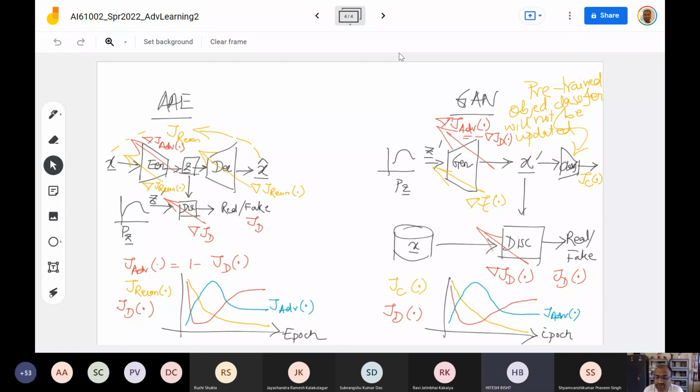It depends on how you define an essential feature. In most of these cases, say when we are generating numbers or digits, even Z as low as 2 dimensions works out pretty well.